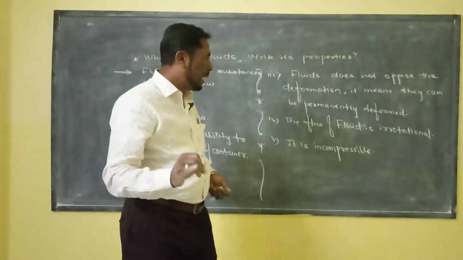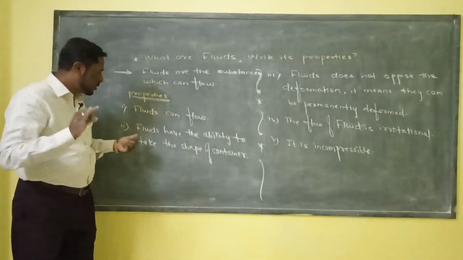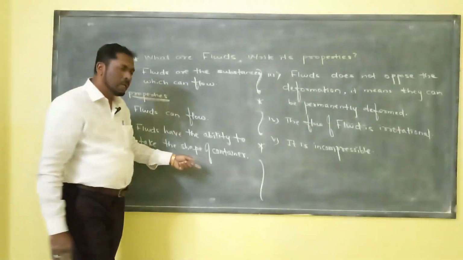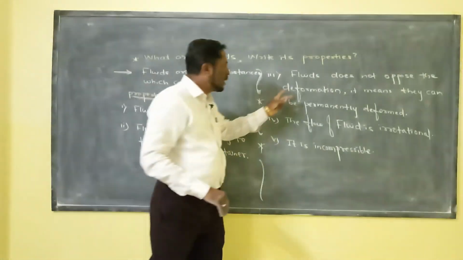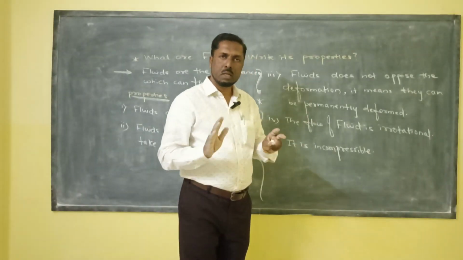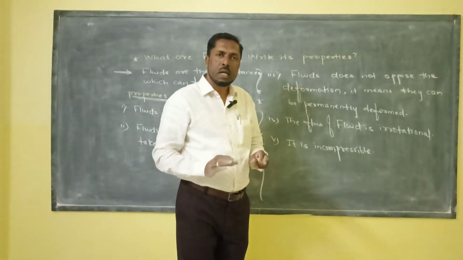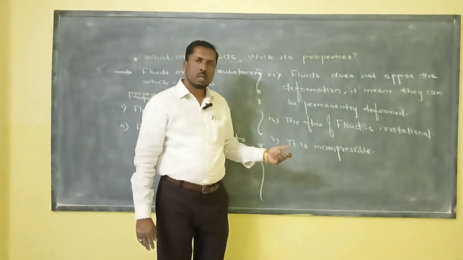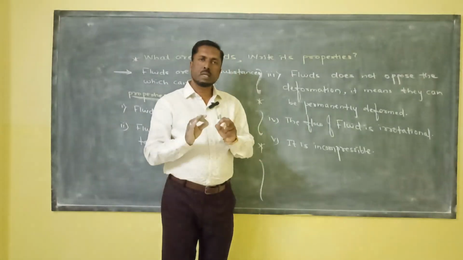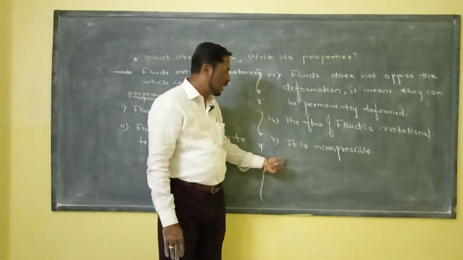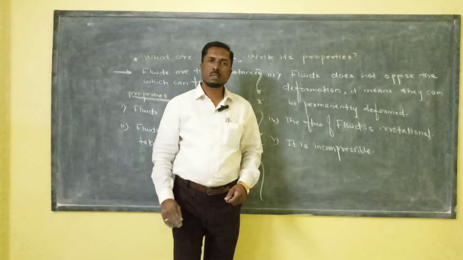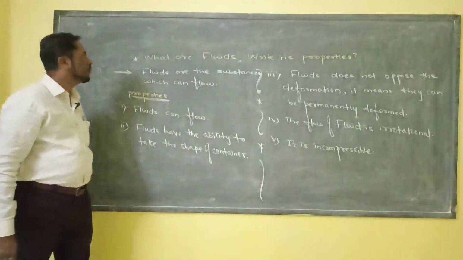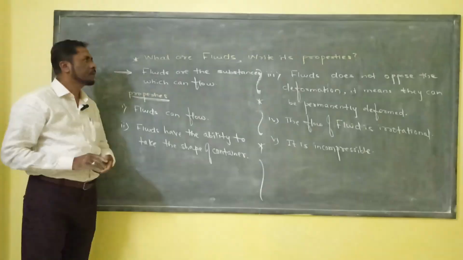First, they have the ability to flow. Second, fluids have the ability to take the shape of any container. Third, fluids do not oppose the deformation, which means they can be permanently deformed. Number 4, the flow of liquid is irrotational, and another important point is that it is incompressible. Okay, so watch it, it carries 2 marks.